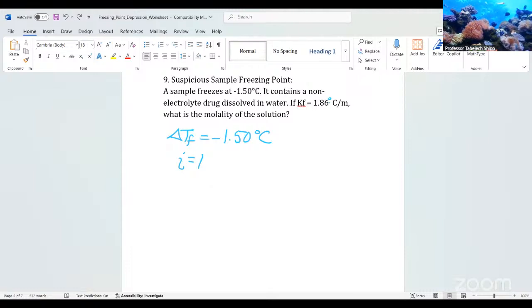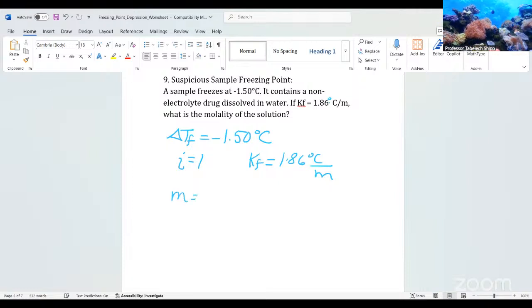Now, in this problem, we're solving for our M, for molality. Oh, and guess what else they gave us? They gave us a K of F, which was 1.86 degrees Celsius per molality. Now, you can automatically tell that when you have two units that are the same in terms of part of it, like these degrees Celsius, they're going to cancel out.